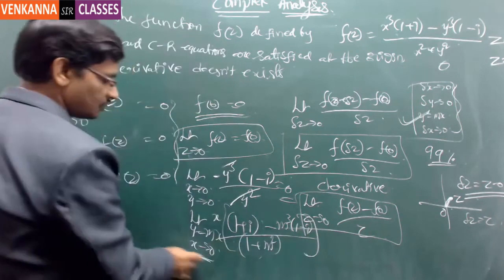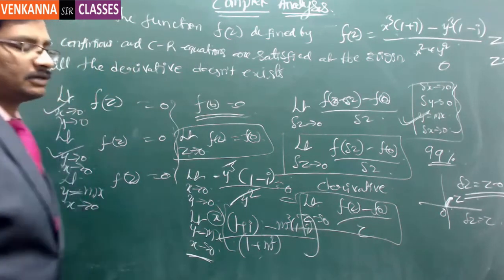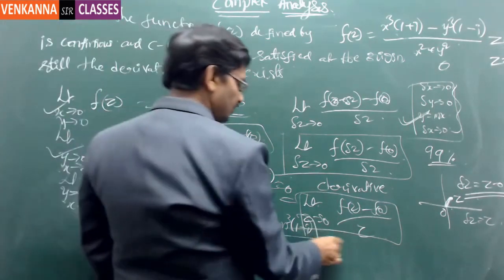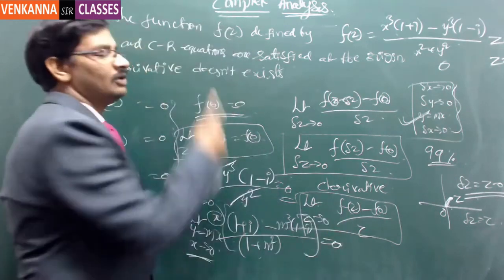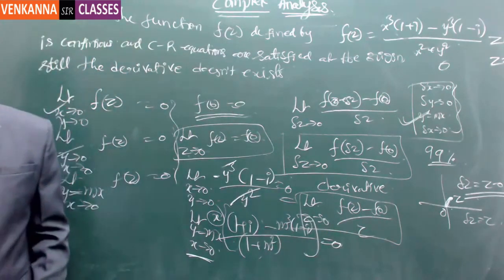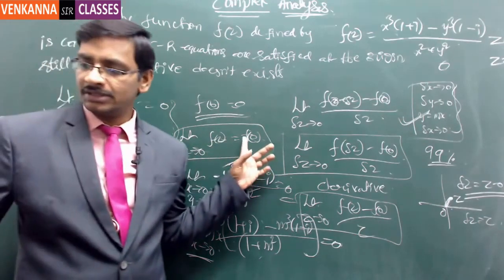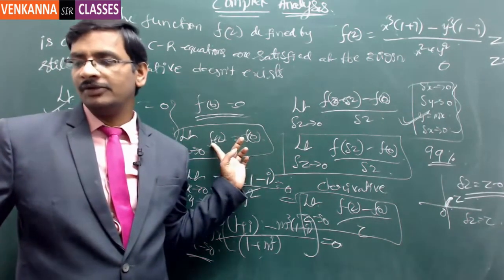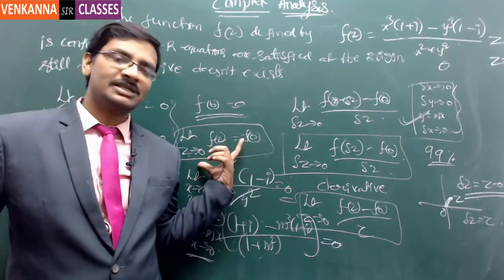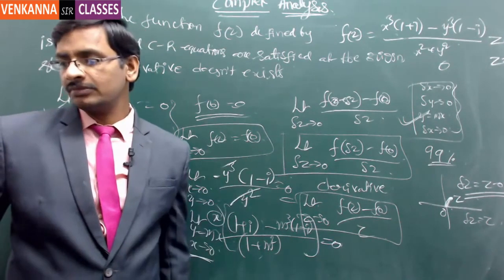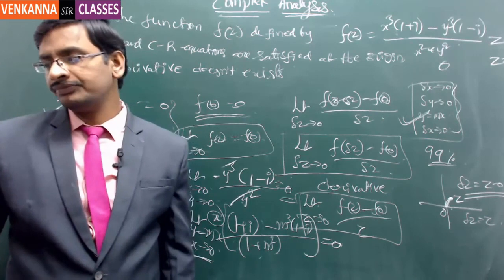Again, if x tends to 0, there is a factor of x here. This x will make the function value 0. So whatever the direction we approach, the limit value always comes out to be 0. The function value at the origin is again 0. Hence, the limit value and the function value being the same, the function is continuous. Got it?